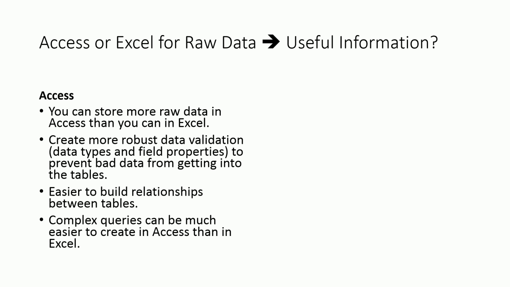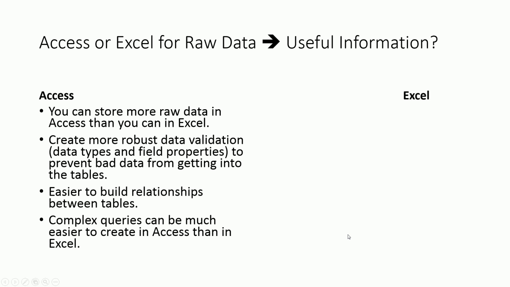And complex queries can be much easier to create in Access than in Excel. Or just that simple inventory value, the ability for Access to always update that query or that report anytime the raw data changes, that's a big advantage. Some of these things are possible in Excel, but they're much more difficult.